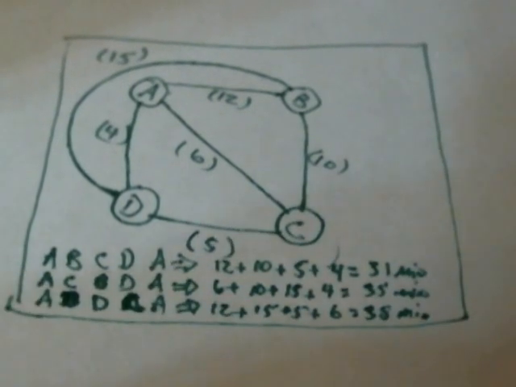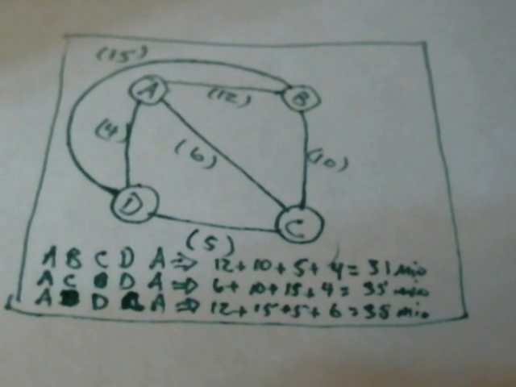Now the brute force method says you must check every possible route. And of those possible routes, the one that takes the least amount of time would be the solution to the problem.